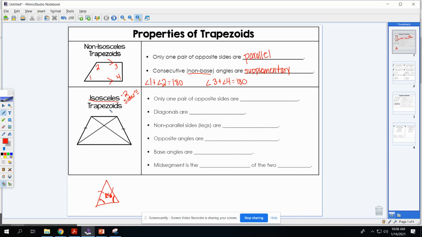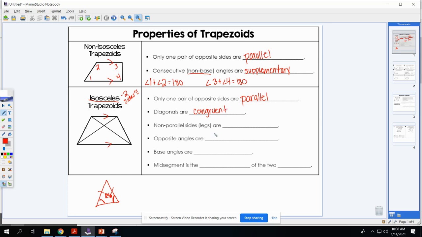All right, now doing this isosceles trapezoid here, it says only one pair of opposite sides are parallel. Again, that's the top and the bottom, so nothing different there. Then it says here diagonals are congruent.